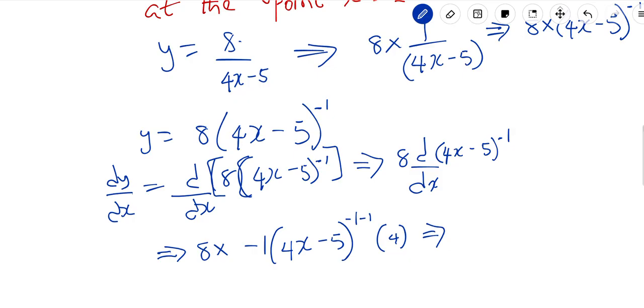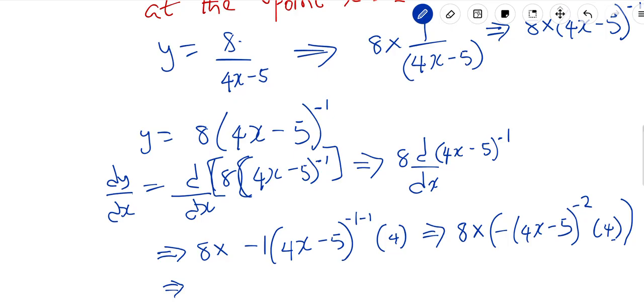So this is going to give me 8 multiplied by negative (4x minus 5) to the power of negative 2 multiplied by 4. Again, I can see another constant here, 4, so this can be 8 multiplied by 4 into negative (4x minus 5) to the power of negative 2.